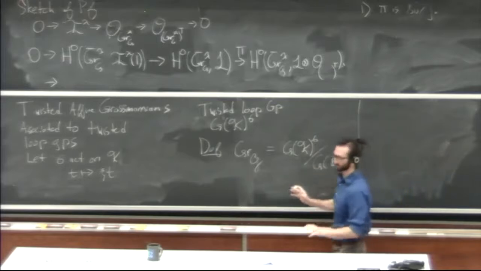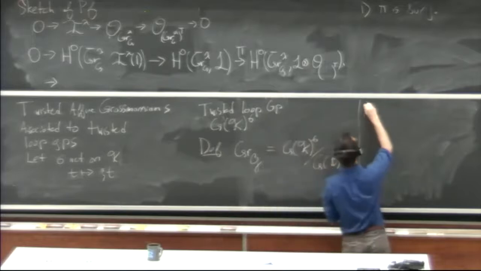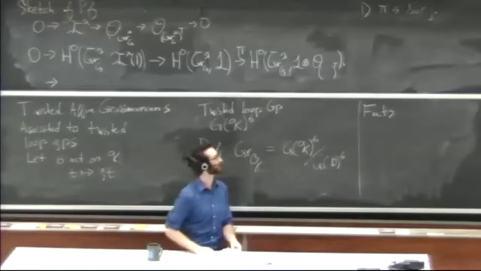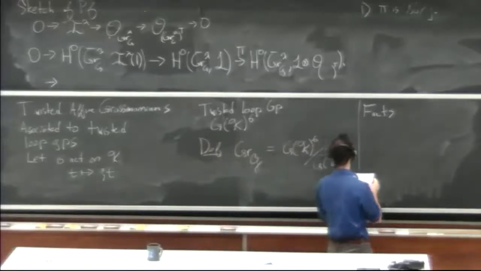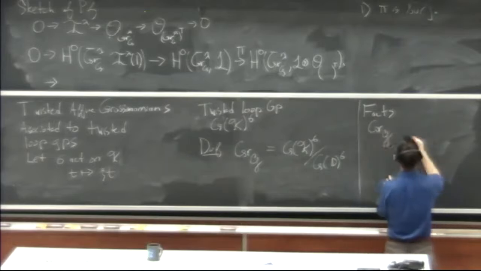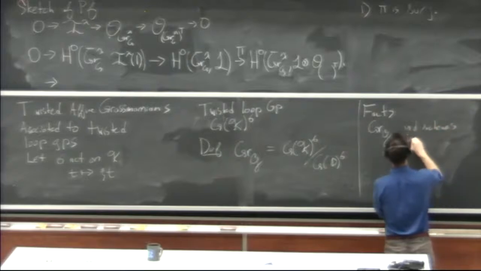And that does play a role in the proof, but I do want to get to results. So some facts that are very similar to what we had in the untwisted case is that the twisted affine Grassmannians are ind-schemes, and they're ind-projective.